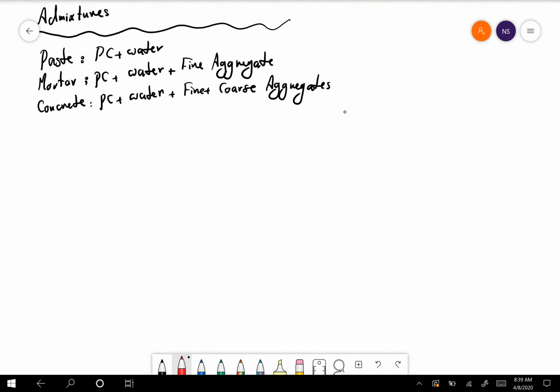All right. So those are the major ingredients or components of the concrete.